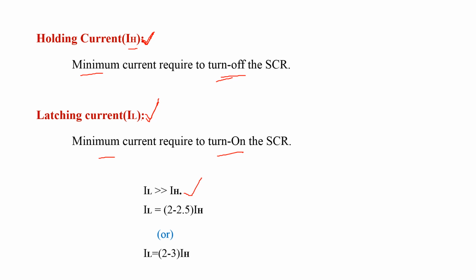The relation is: latching current IL is equal to 2 to 2.5 times the holding current, or IL is equal to 2 to 3 times the holding current. Some textbooks give one relation and some give the other. Both relations are correct.